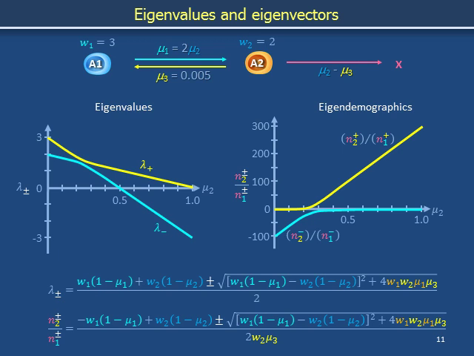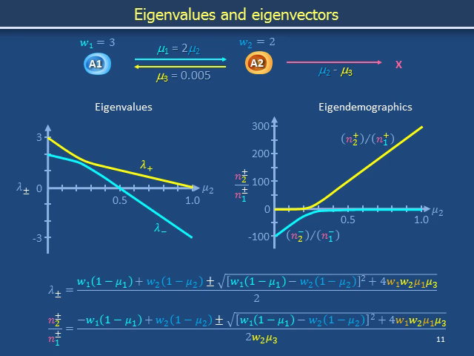For small mutation fractions mu2, the ratio of the population of orange cells to the population of blue cells is close to 0, meaning that the steady-state population is almost purely blue cells, those with allele A1. When mutation fractions are small, the raw fitnesses of the cells can indicate which cell type will take over the population. This is survival of the fittest.